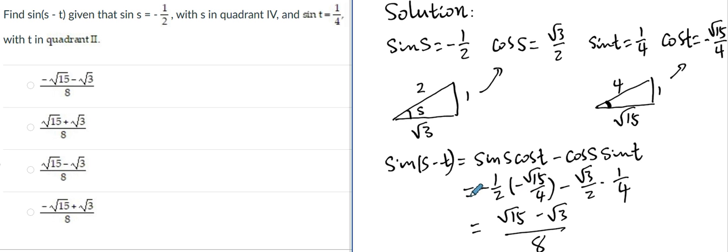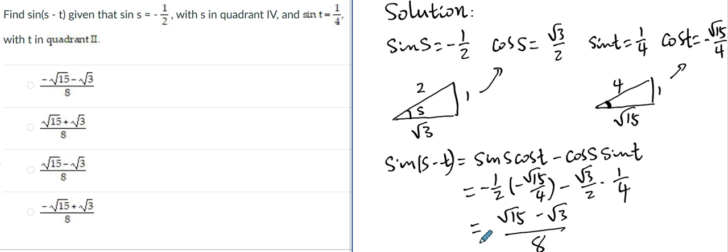Negative, negative, you have a positive. 1 times radical 15, positive. Now, negative radical 3 times 1, that's negative radical 3, divided by 8, which is 2 times 4. Denominators are the same, which is 4, so you put 8 here.